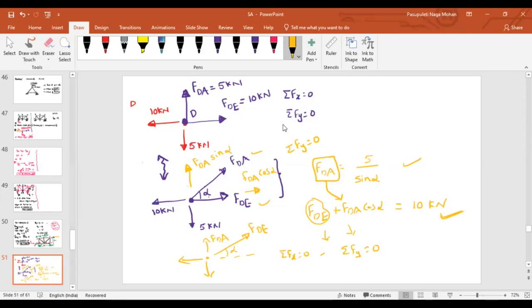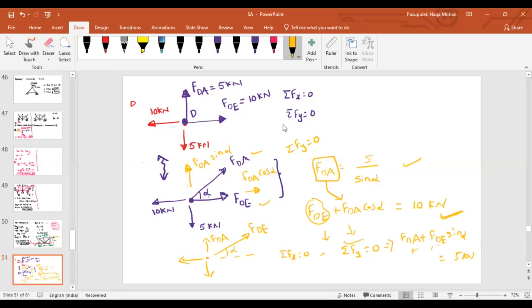Summation Fy equals 0, because we have to resolve FDE along the x direction and y direction. If you resolve along the y direction, what equation will you get? FDA plus FDE sin alpha is equal to 5 kilonewton. Are you getting any unknown by using this equation? No, sir. Then why would you use summation Fy equal to 0 here?